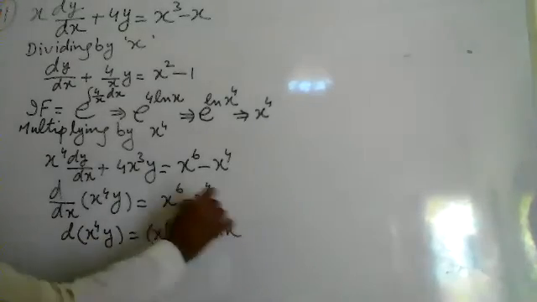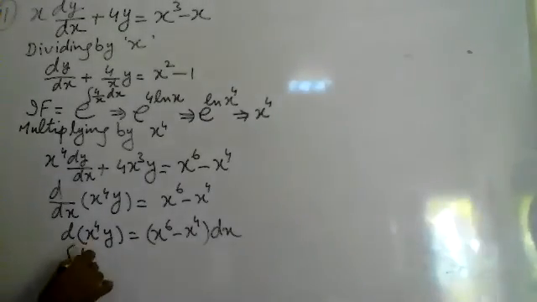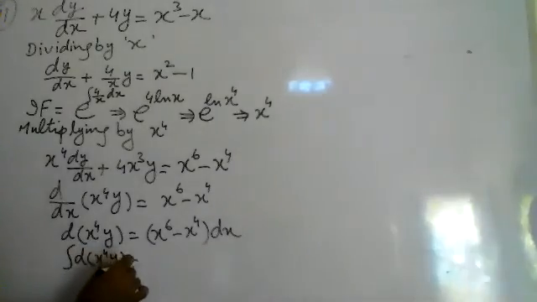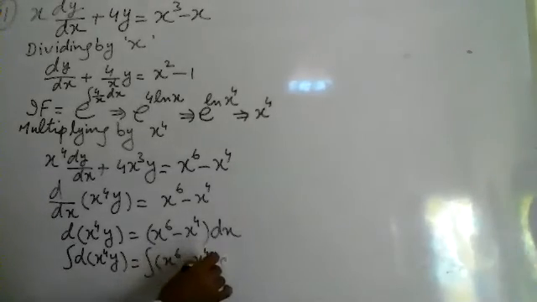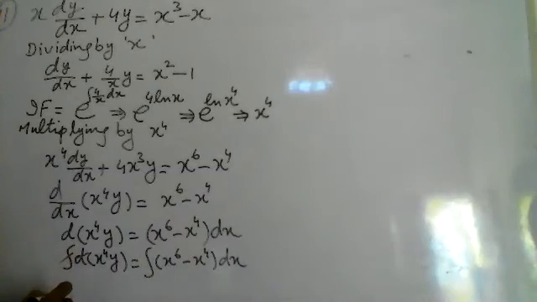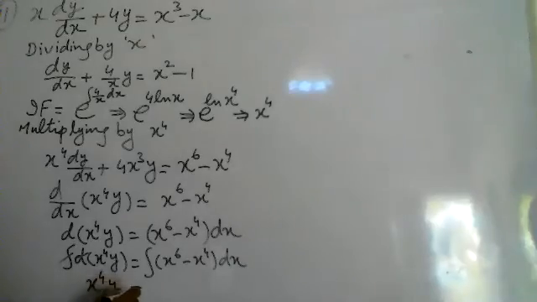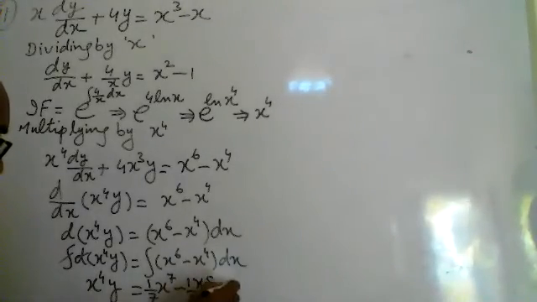Taking the integral, the integral and derivative cancel, so x⁴y equals x⁷/7 minus x⁵/5 plus c.